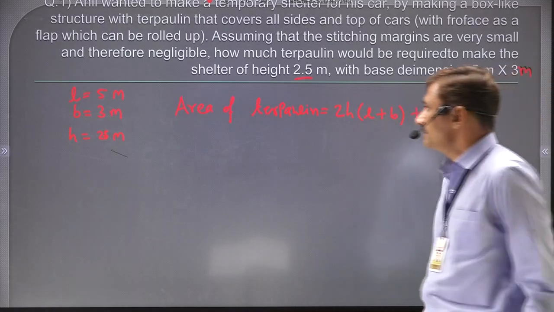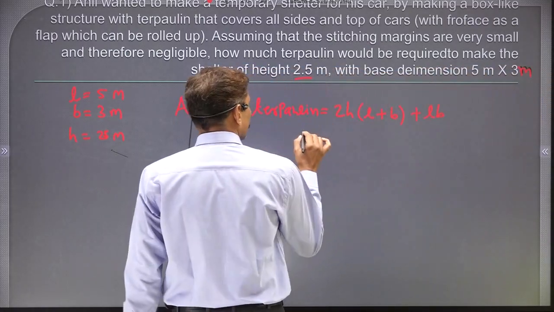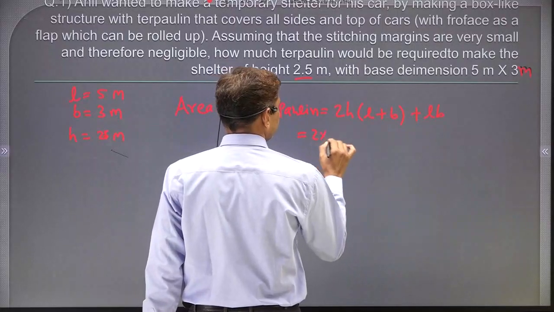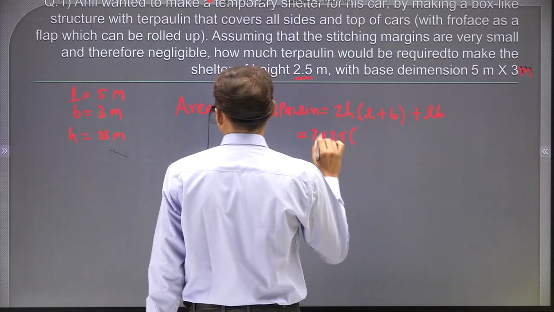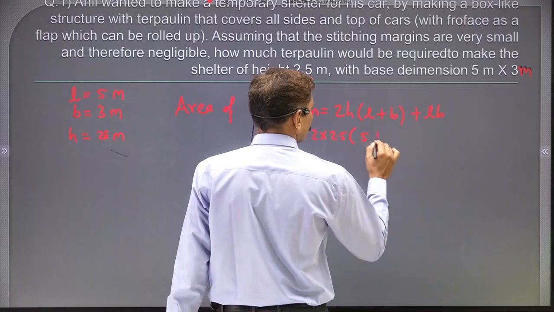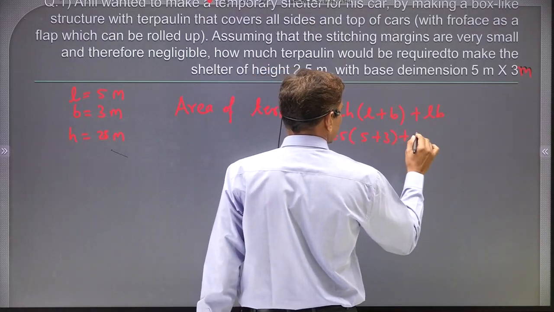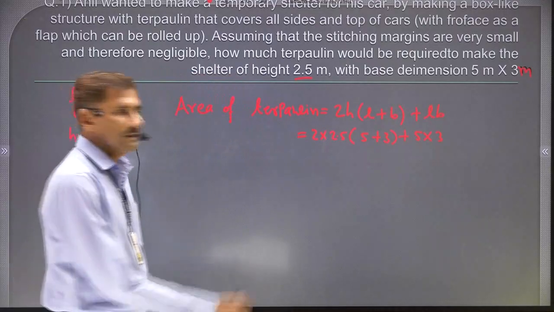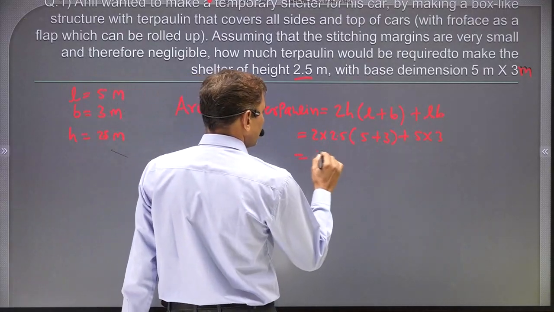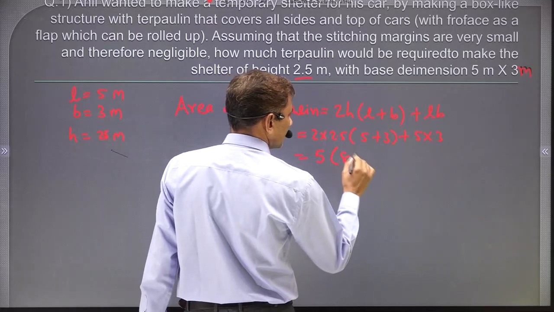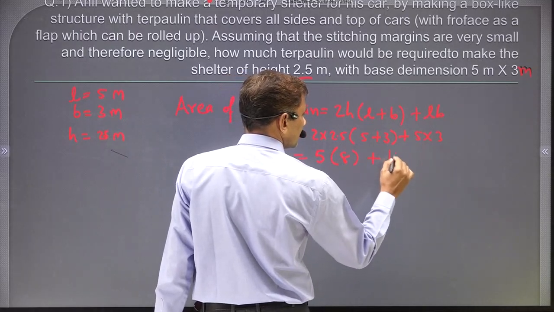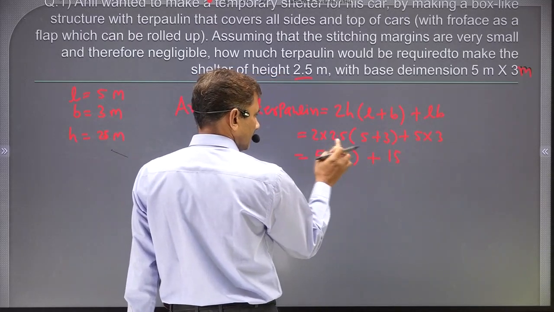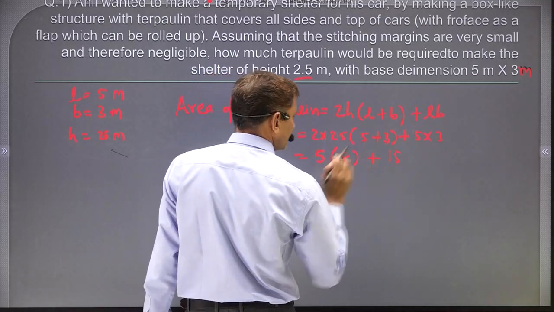Now place everything. So it will be 2 into 2.5 into (L 5, B 3) plus L 5 into B 3. Now 5 plus 3 is 8, plus 5 threes are 15. This will be 5 into 8, and 5 threes are 15.